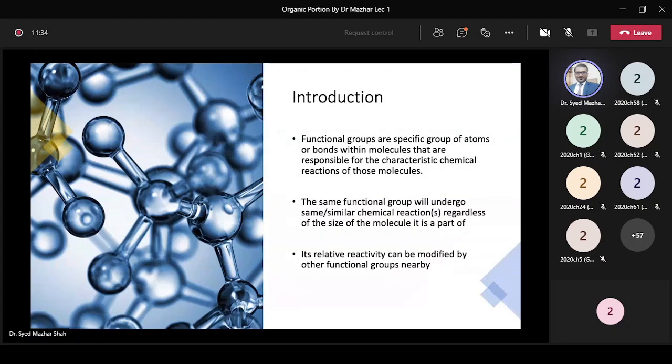And therefore we can say that the same functional groups will undergo the same or similar reactions regardless of the size of the molecule they are part of.